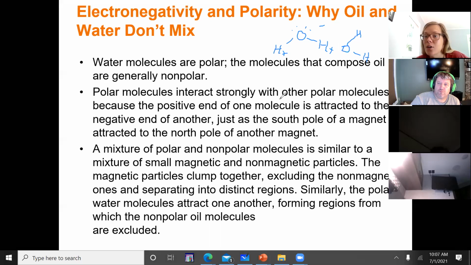Like if you had a container and you filled it with a mixture of sand and small flecks of magnets, what would happen? All the magnets eventually would clump together and it would push the sand out, because the sand doesn't have that magnetic quality or that sticky quality. The water is doing the same thing. It's got a polar quality that clumps it together and repels all the oil out.